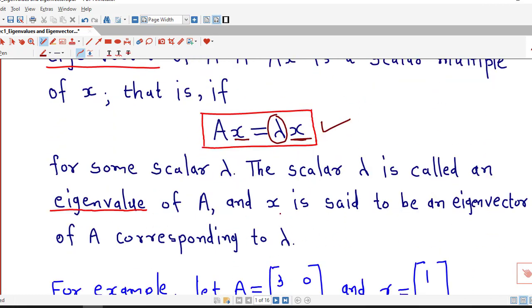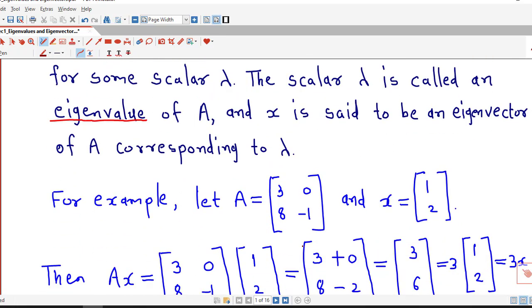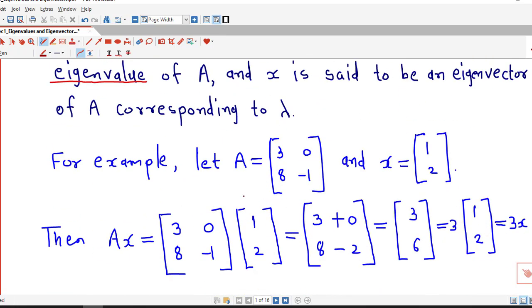So we can consider one example. Suppose we consider a 2 by 2 matrix capital A, and we multiply this matrix with this non-zero vector, which is a vector in R2 because capital A is a square matrix of order 2.